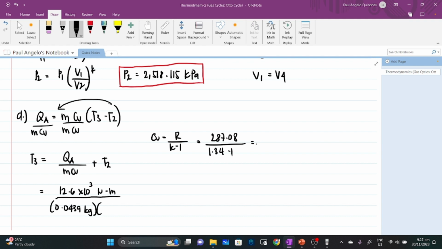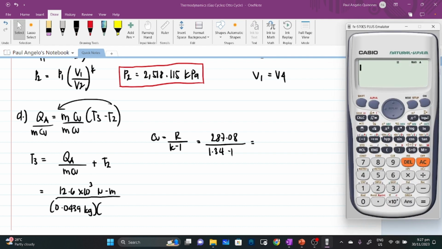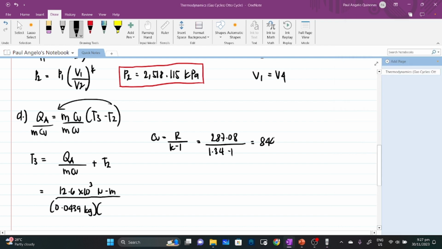So Cv is equal to 287.08 divided by 1.34 minus 1. So we have 844.352, which is in joules per kilogram Kelvin.